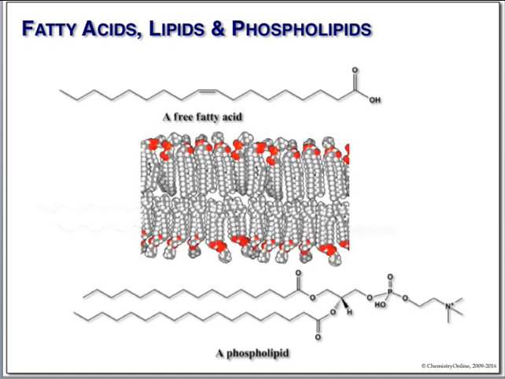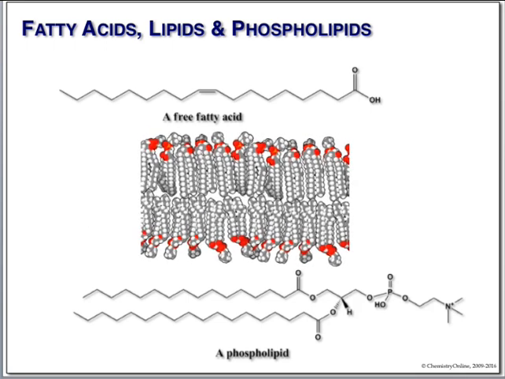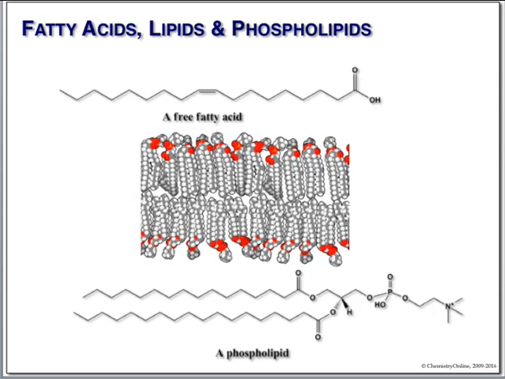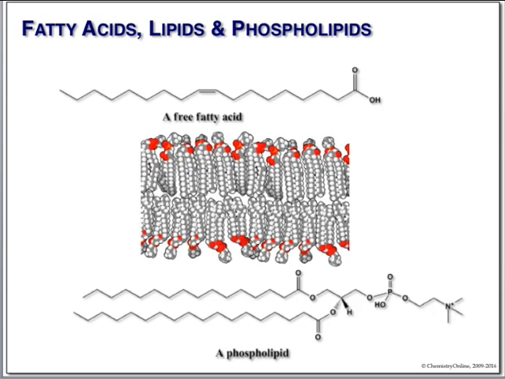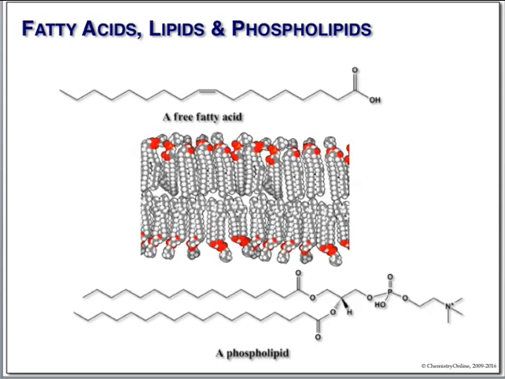They tend to auto-organize into something like this, where all the hydrophobic ends go together, and we form a bilayer. All of this is water-soluble, and this is not. This is the cell membrane. This is what separates the inside of the cell from the outside.